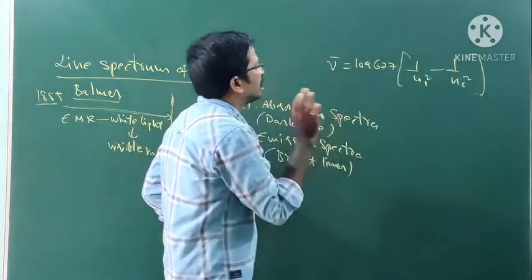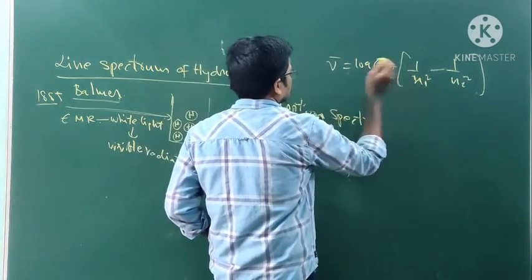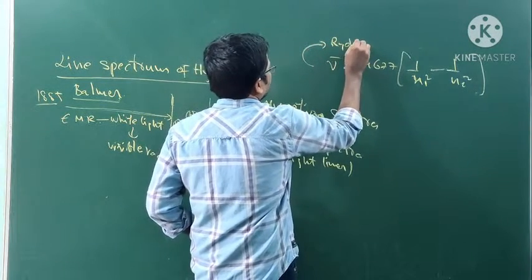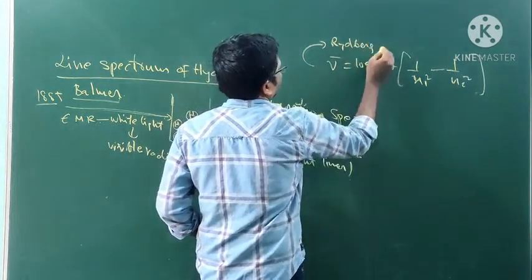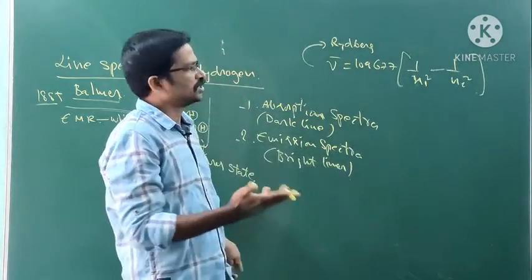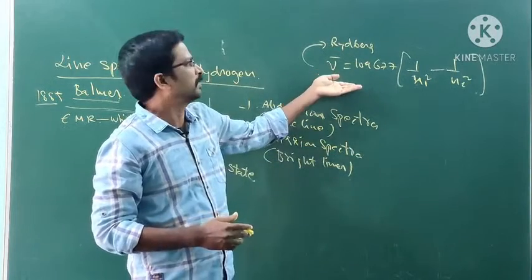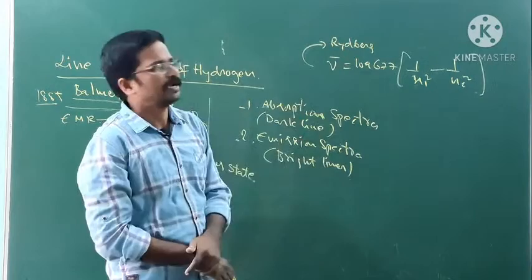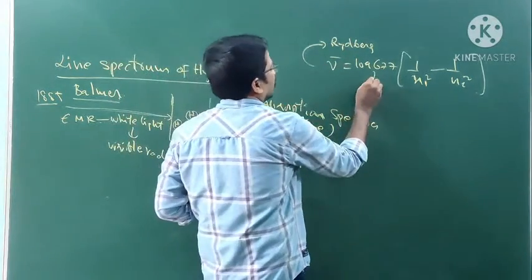This is introduced by Rydberg, spelled R-Y-D-B-E-R-G. Rydberg has proposed this equation. The constant is the Rydberg constant.